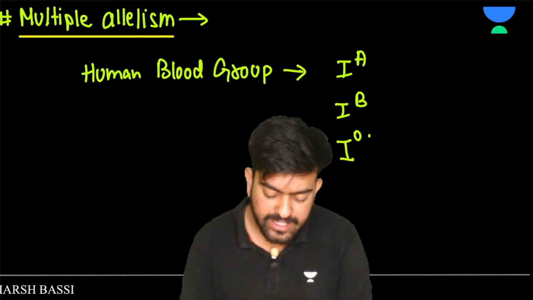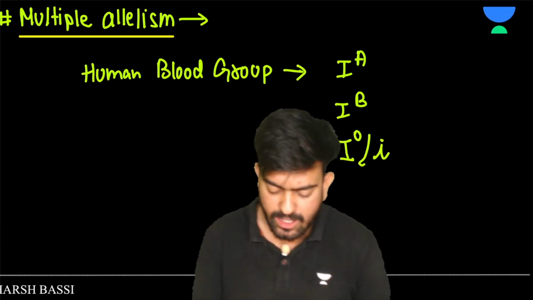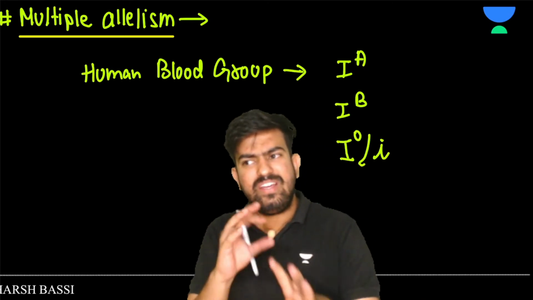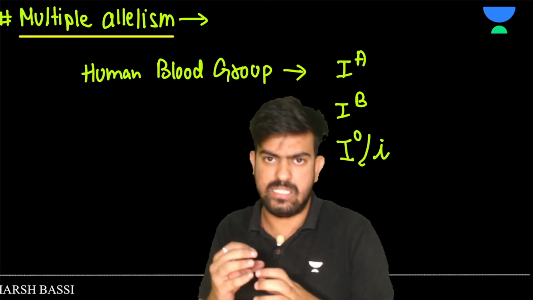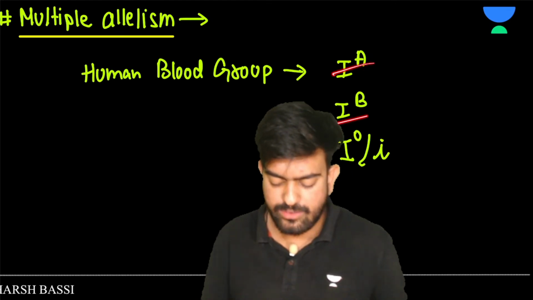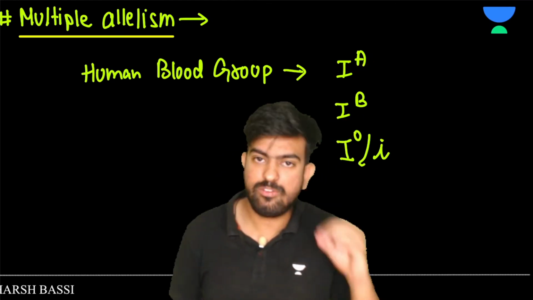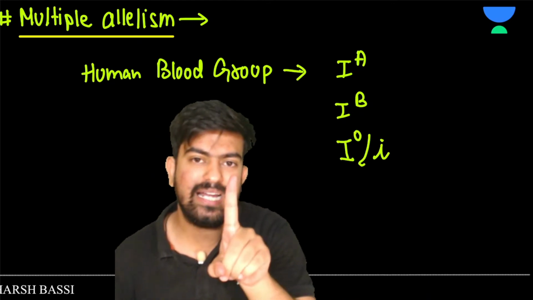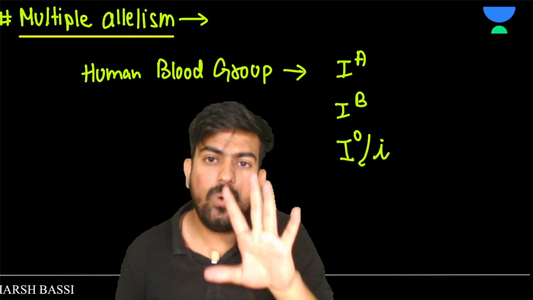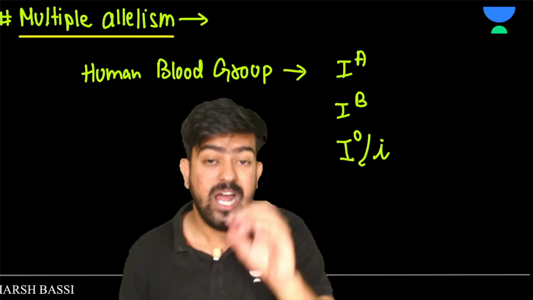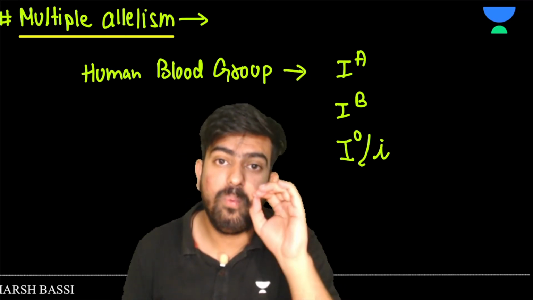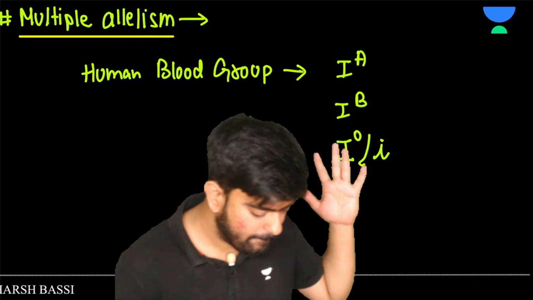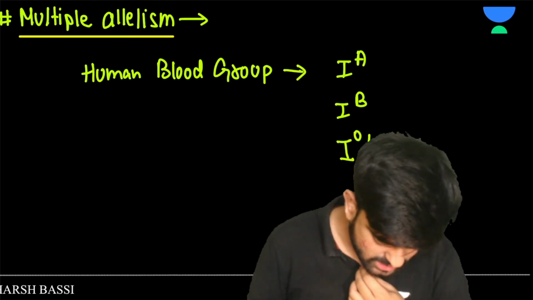Okay, IO can be written like this also. We can see that there are a total of 3 alleles here, like 1, 2 and 3. This can be the case of multiple allelism, right? A single character having more than 2 traits, or a single gene having more than 2 alleles. Clear? Clear to everyone?